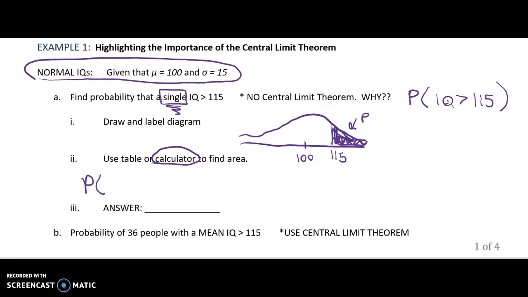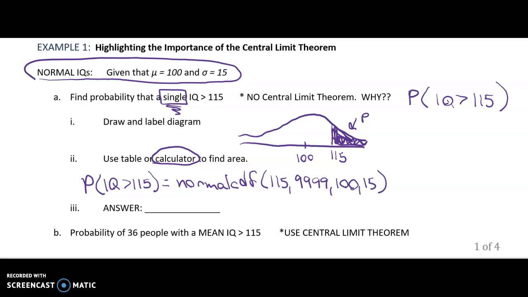So the probability that the IQ is greater than 115, I'll use normal CDF, because that's what I use when I have my numbers, my bounds, but I'm trying to find a probability. And my lower bound will be 115. My upper bound will be just some large number that's at least 4 standard deviations out. Mean is 100, standard deviation is 15.